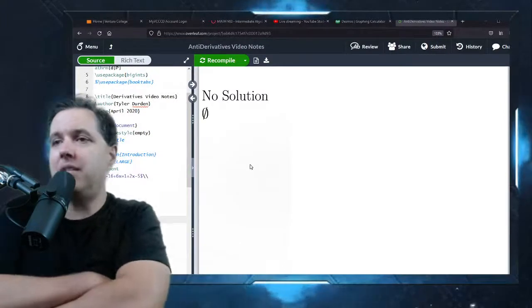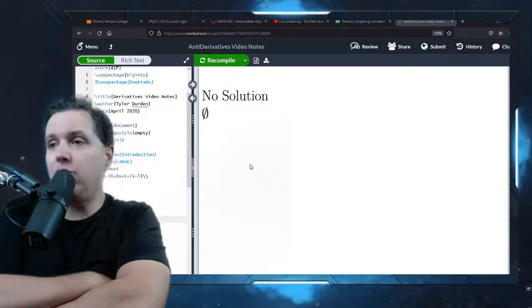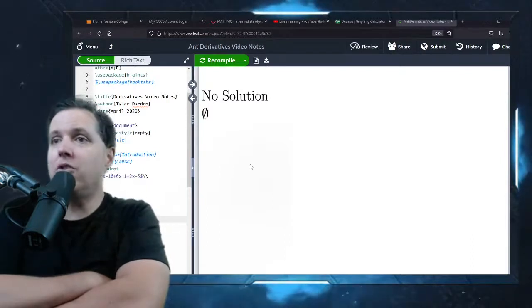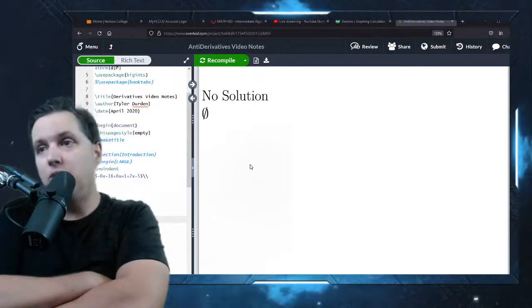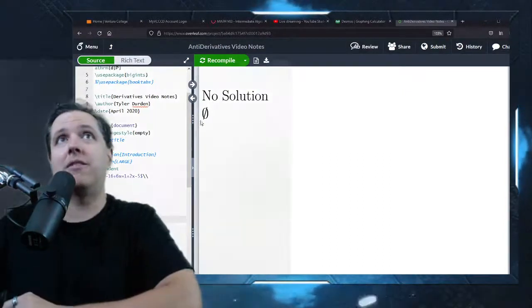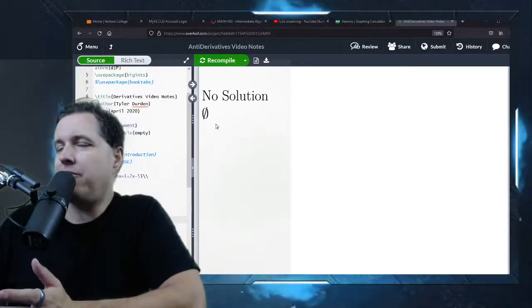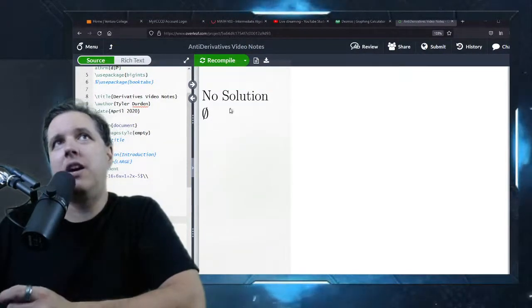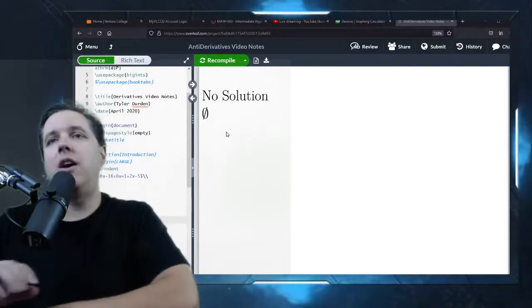It's what we call the empty set. In this case, it means the set of solutions is empty. There is nothing in the solution set, therefore there are no solutions. So these two things in this case mean the same thing. Like I say, off the top of my head, I forget how Delta Math has you do it, but just pay attention to it and be ready to use either one.